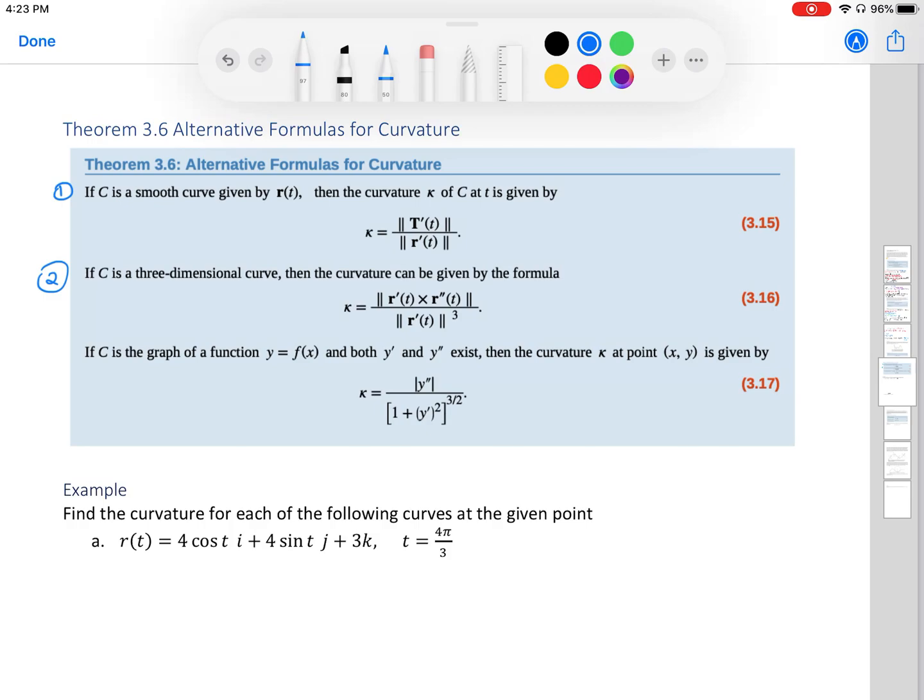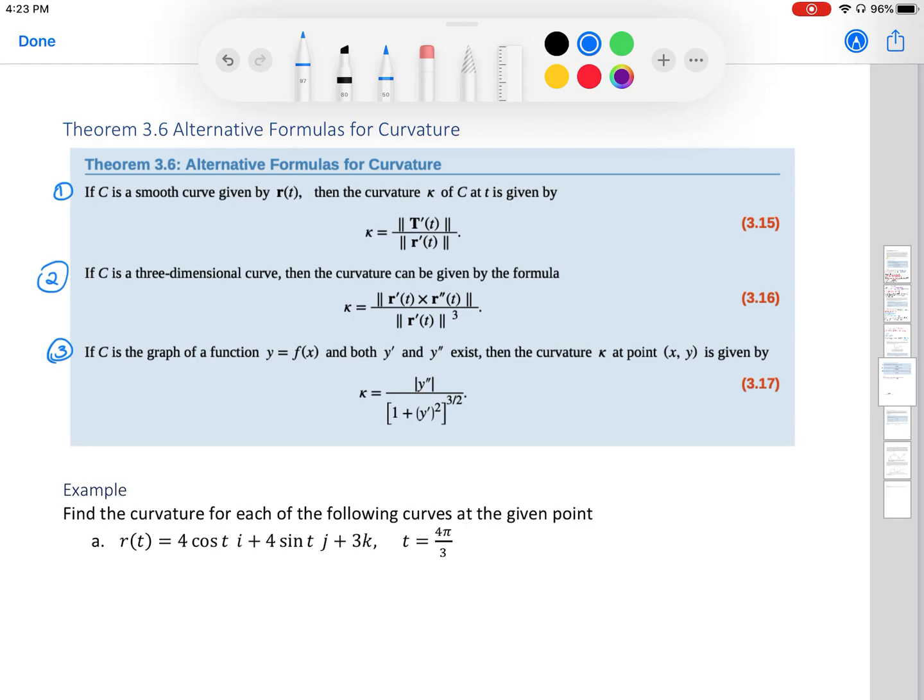You can also find the curvature. If C is a three-dimensional curve, then the curvature can be written by the formula: the magnitude of r prime of t cross product r double prime of t, divided by the magnitude of r prime of t cubed.